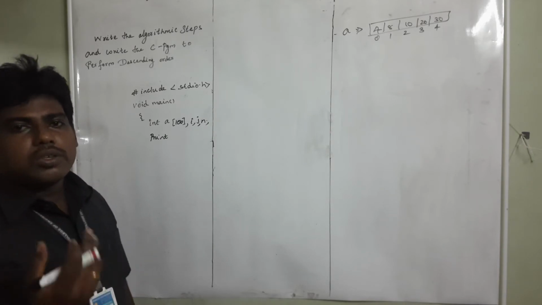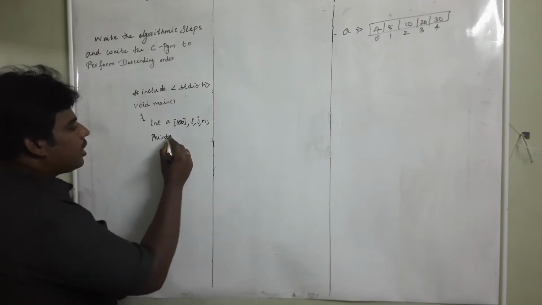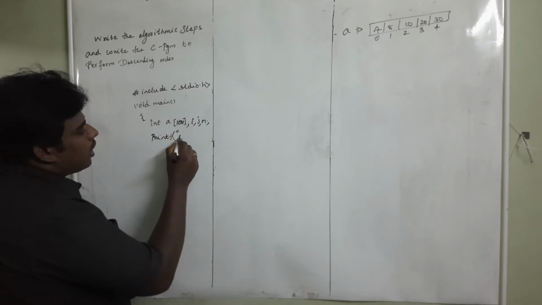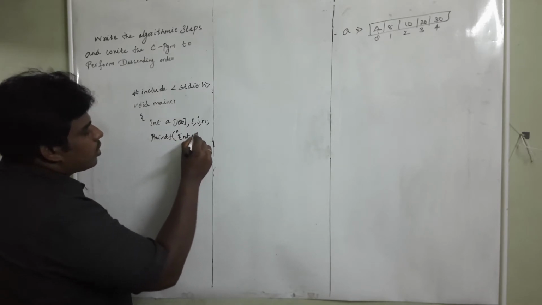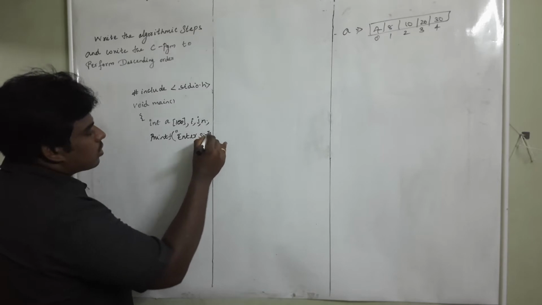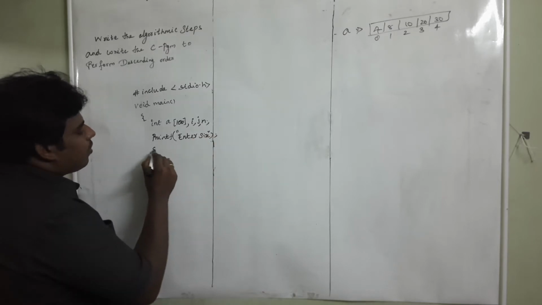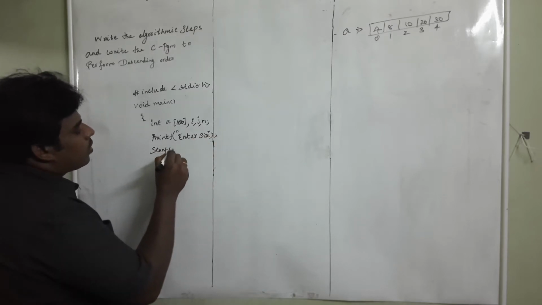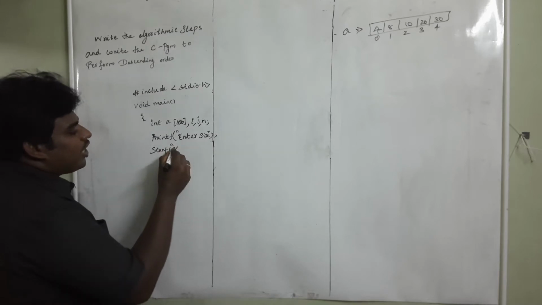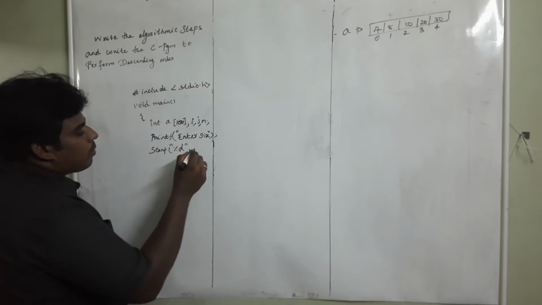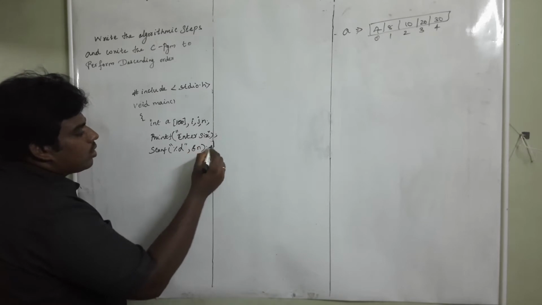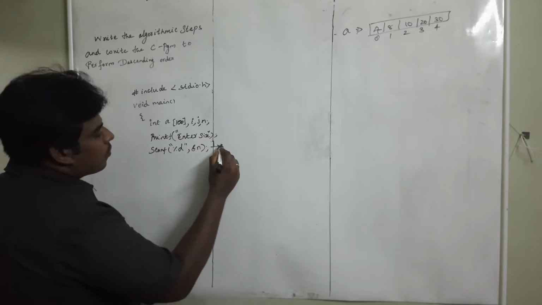So printf "enter size". Scanf, I am getting the value for size. As it is an integer number, %d comma &n. Here my size is 5.